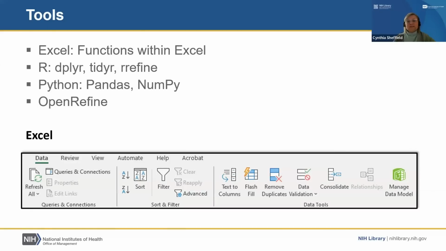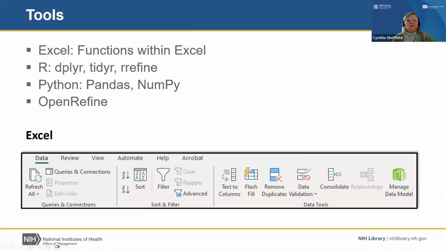Moving on to tools that can be used for data cleaning. If you're using your data in just a basic Excel spreadsheet, many of you might be familiar with the data tools on that bar. Things like filtering, using queries and connections, removing duplicates is right there within the Excel toolbar.